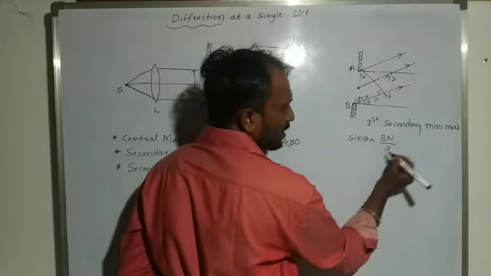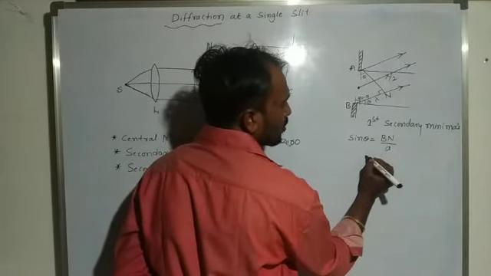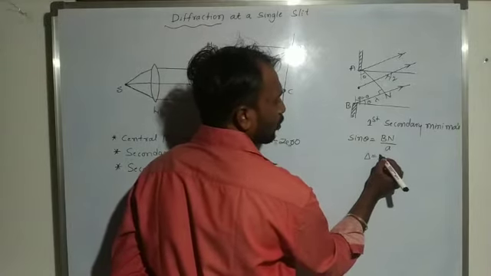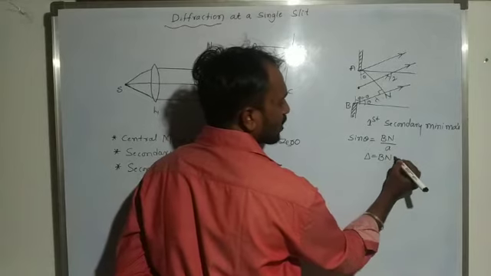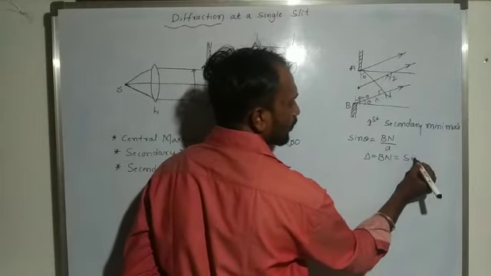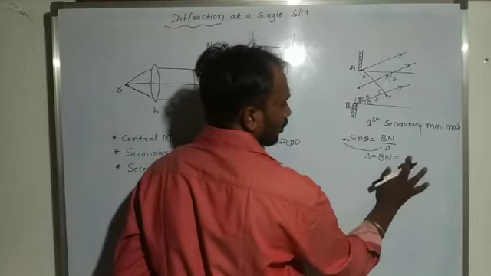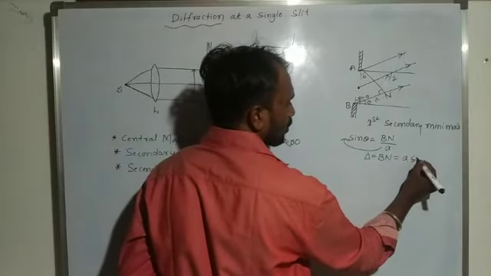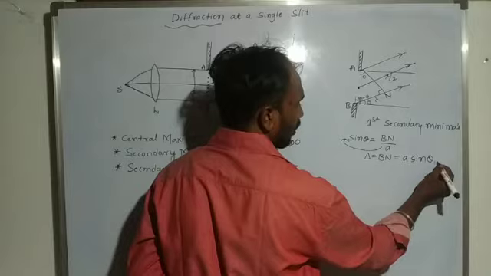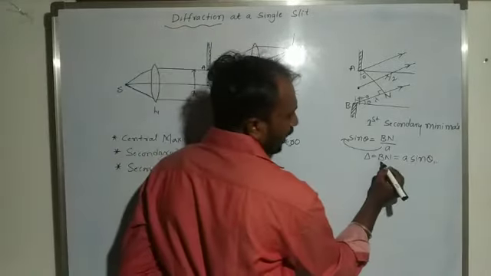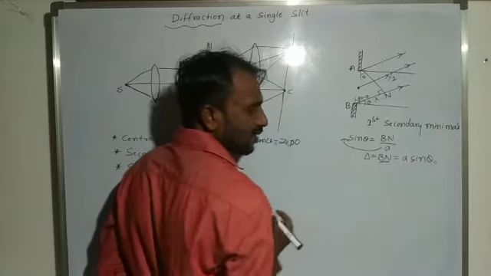So BN is the path difference, so delta is equal to BN. It means the path difference is equal to A sine theta. This is the path difference, and its value we consider as lambda.